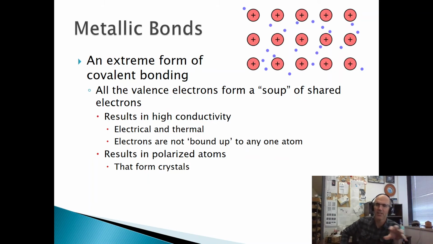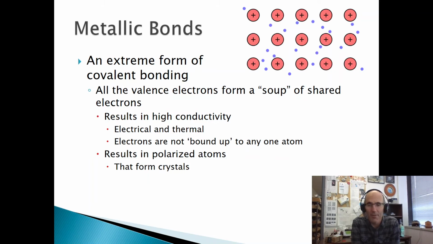So on each metallic atom, the nucleus is not perfectly balanced in terms of electrons and protons. So there's a little bit of mismatch in charge right there. And what that causes is the atoms to start forming together into crystals. And it's this crystalline nature of materials, crystalline at a very, very small, low level, that results in a lot of the properties that we see.